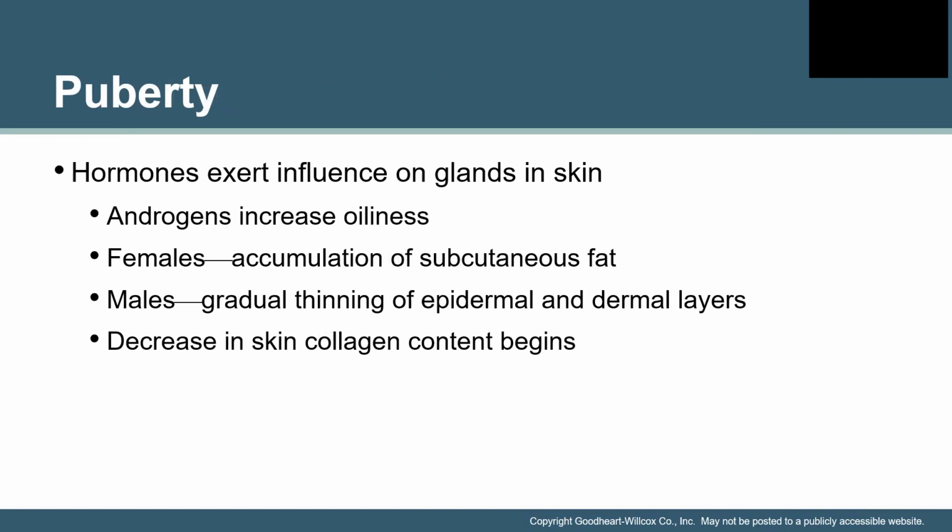Some of the hormones that we will see in this system are androgens. Our androgens will have an impact on the oiliness, the amount of oil or sebum that we produce.